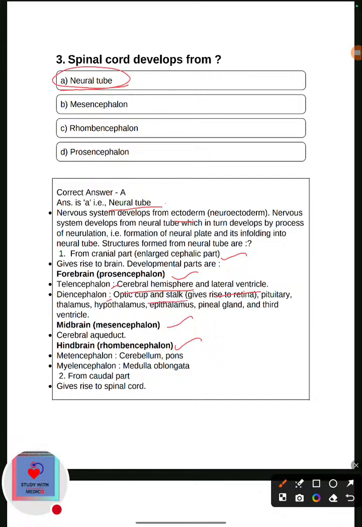Diencephalon is the optic cup and stalk, pituitary, thalamus, hypothalamus, epithalamus, pineal gland, and third ventricle. Midbrain has the cerebral aqueduct. Hindbrain: metencephalon gives cerebellum and pons, myelencephalon gives medulla oblongata. The caudal part gives rise to the spinal cord.